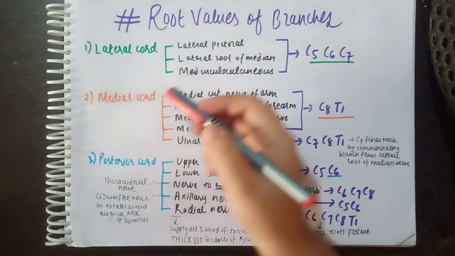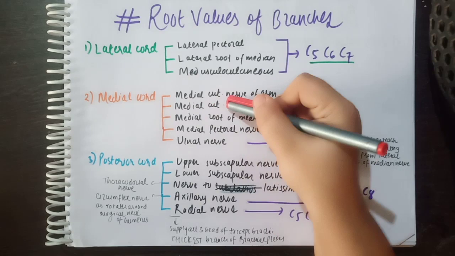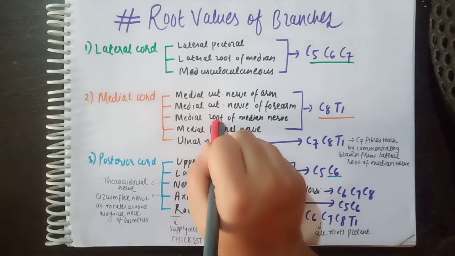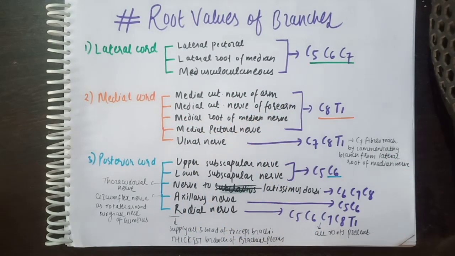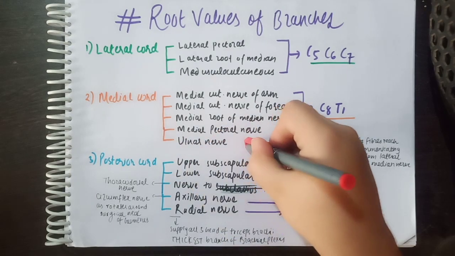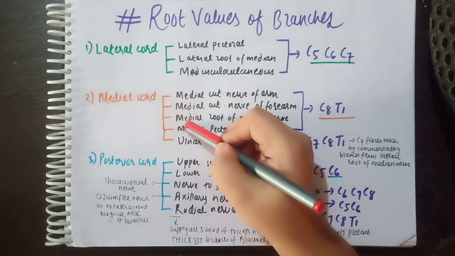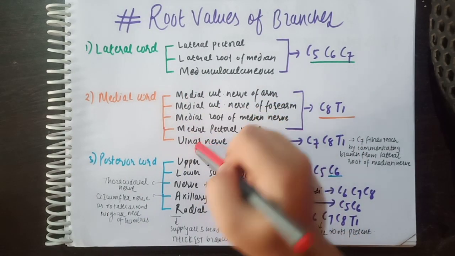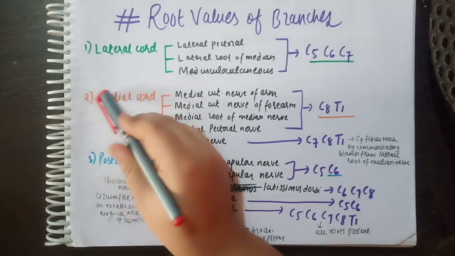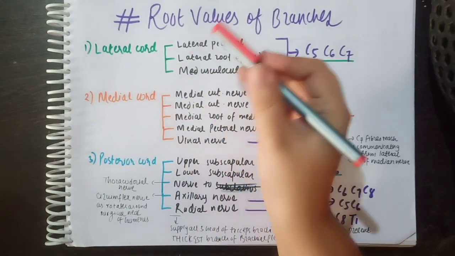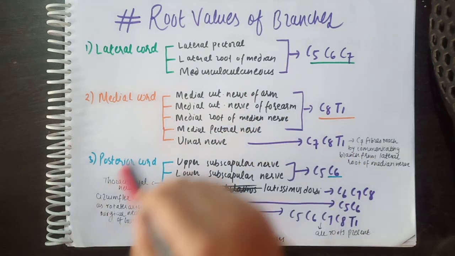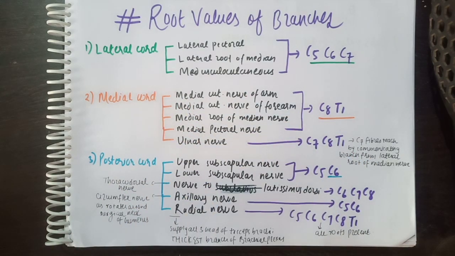In the medial cord, we have medial cutaneous nerve of arm, medial cutaneous nerve of forearm, medial root of median nerve and medial pectoral nerve, and the ulnar nerve. So as I said, 4 times M and U. This is what you have to remember, because when you see medial, you have M, so you have 4M here. So write the names of the nerves starting from the M, and the ulnar nerve, right?